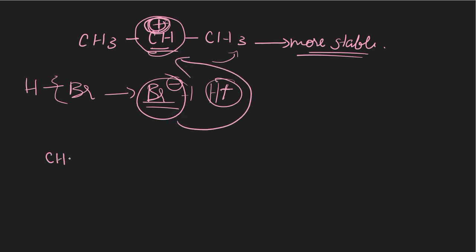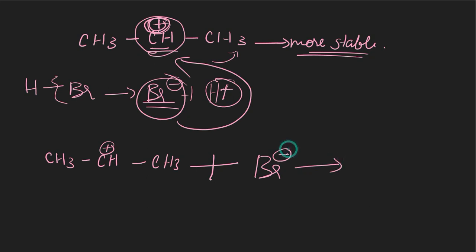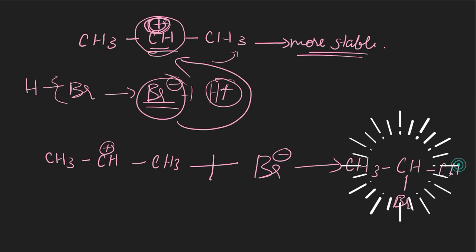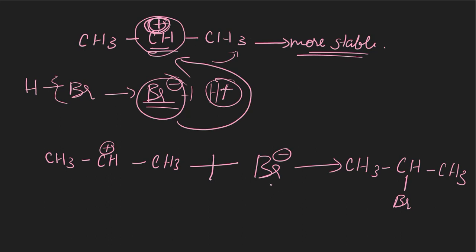So CH3-CH+-CH3 plus Br minus will give you CH3-CHBr-CH3. This is bromine, or if it was chlorine, then it will be chlorine. Any halogen atom or any atom with an electronegativity or polarity difference.